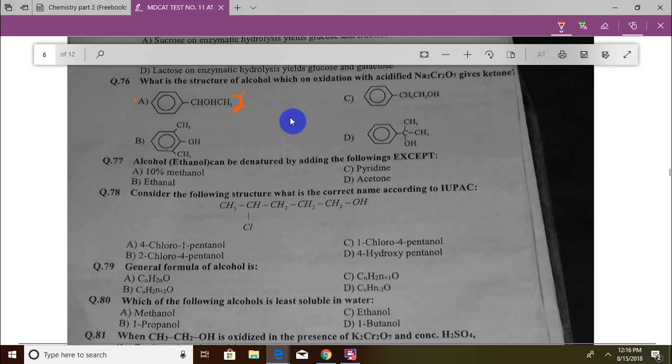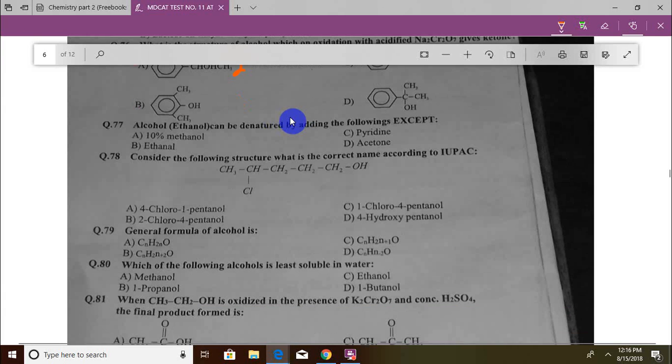Alcohol can be denatured by adding the following except. 10% methanol. Well, we do know that is what they actually do. Example, pyridine, acetone, or ethanol.